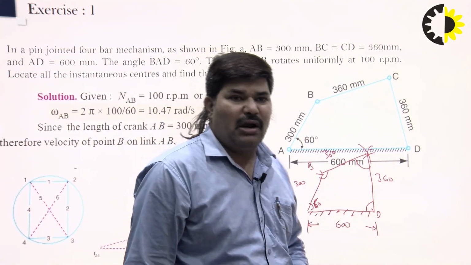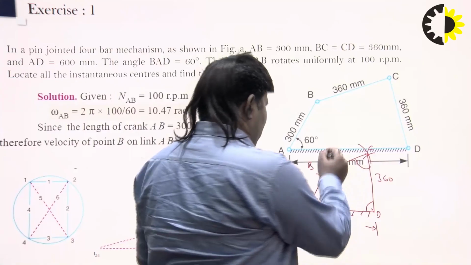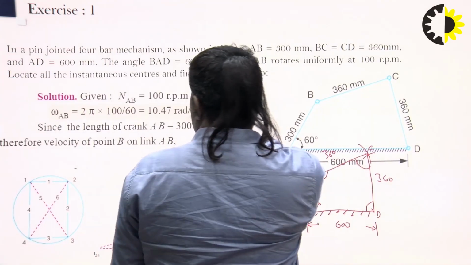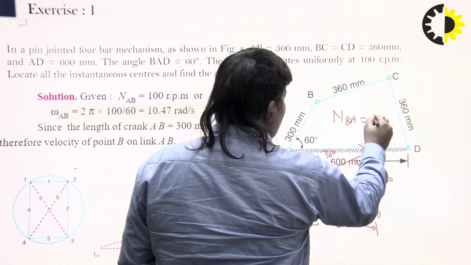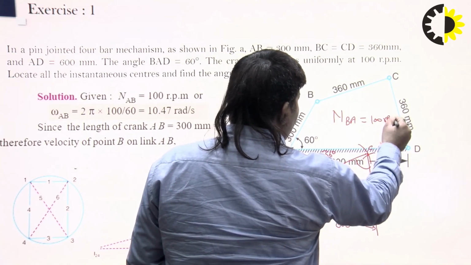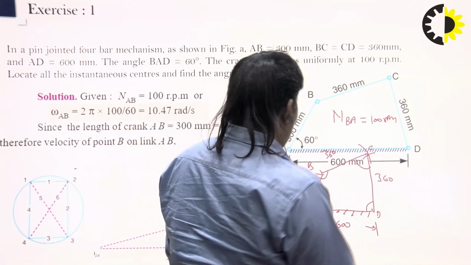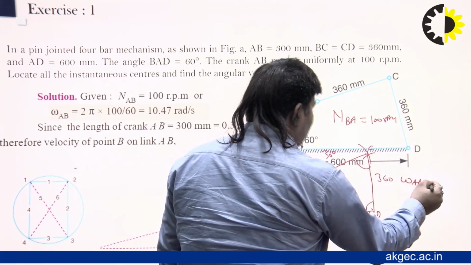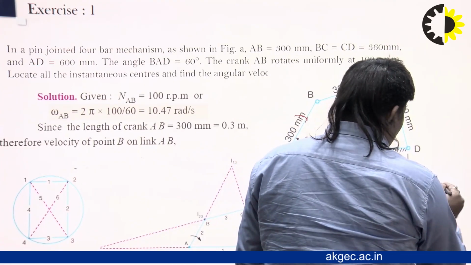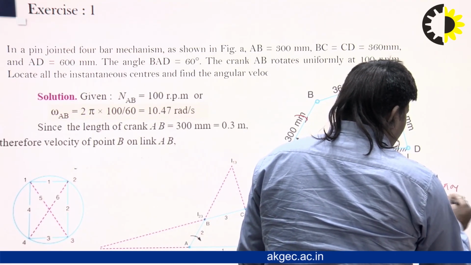After that, what is given is N. N of B with respect to A is given as 100 RPM, right. So, what is the value of omega AB? Omega AB equals 2 pi N by 60.